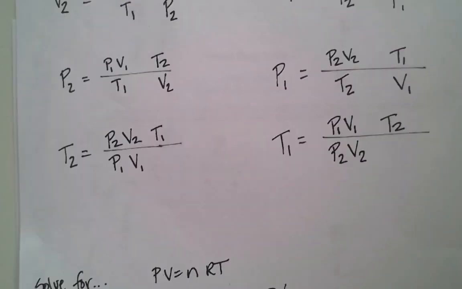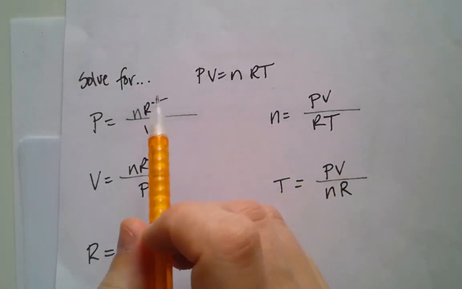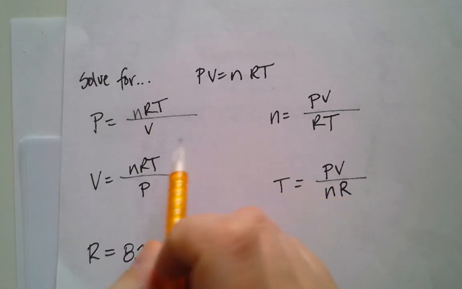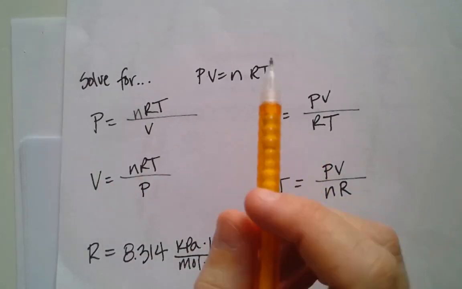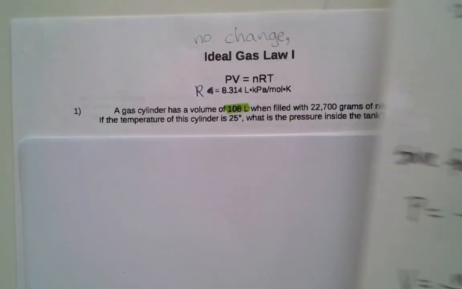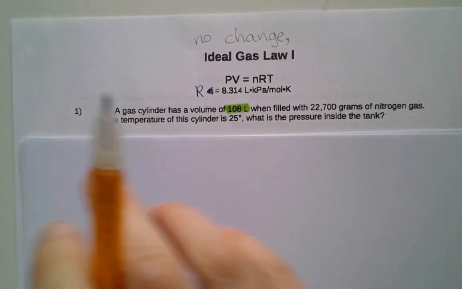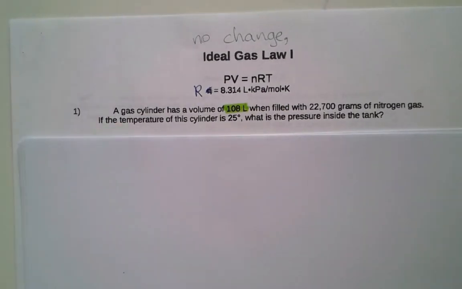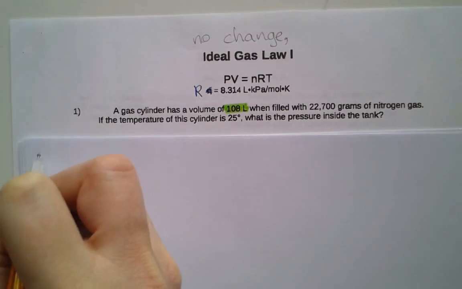But if there's no change of state and you're looking at a balloon on the surface of the earth, just it is what it is, that's when you're going to use the ideal gas law. Alright, so there's no change of state here. Let's do it. Okay, so this is ideal gas law number 1.